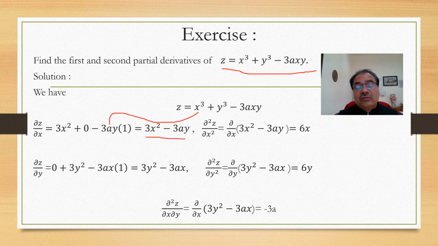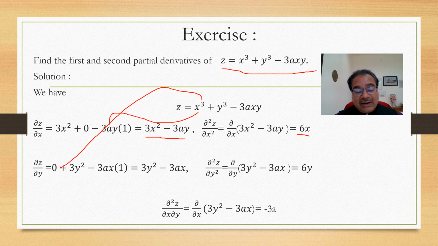Similarly, for del 2z over del x square, you again differentiate with respect to x and you will get 6x. Similarly, if you want del z over del y, that means keeping x as a constant, then you will get 0 plus 3y square minus 3x into 1. It means 3y square minus 3x, and in this way you will get 6y.